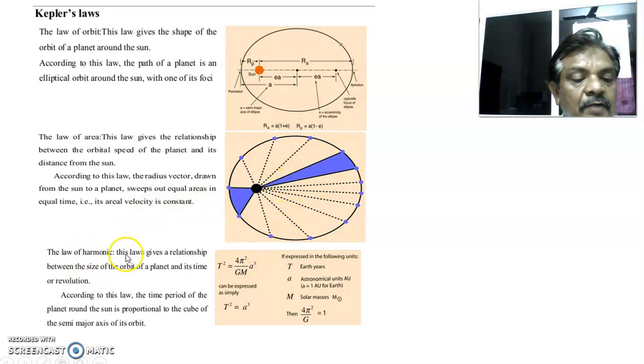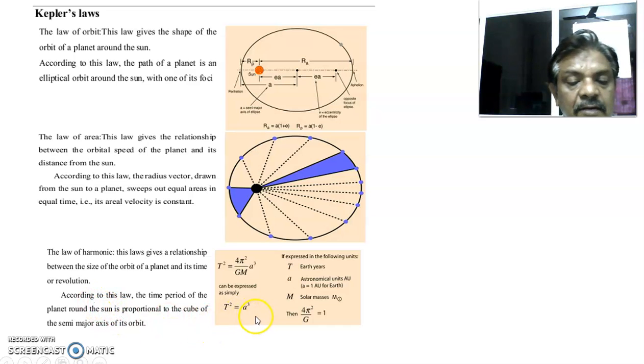The third law is the law of harmonics. This gives how the time period of the planet depends on its distance from the sun: T squared is directly proportional to a cubed, where a is the distance between sun and planet and T is the time period of the planet.